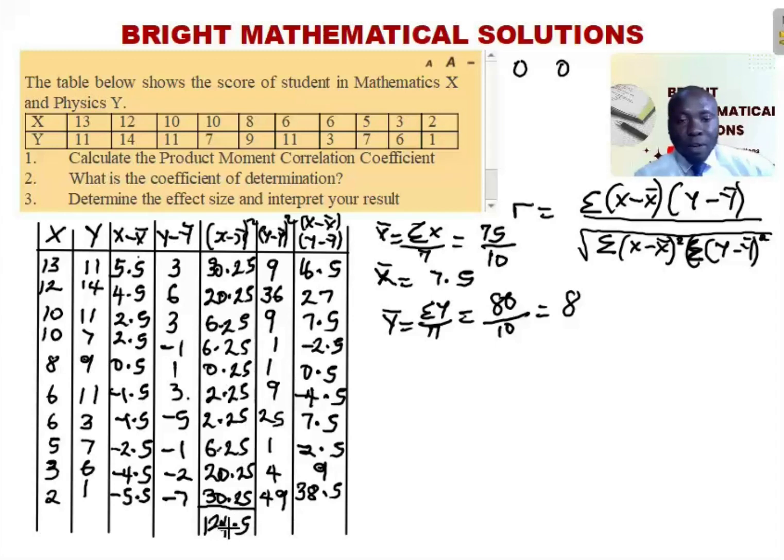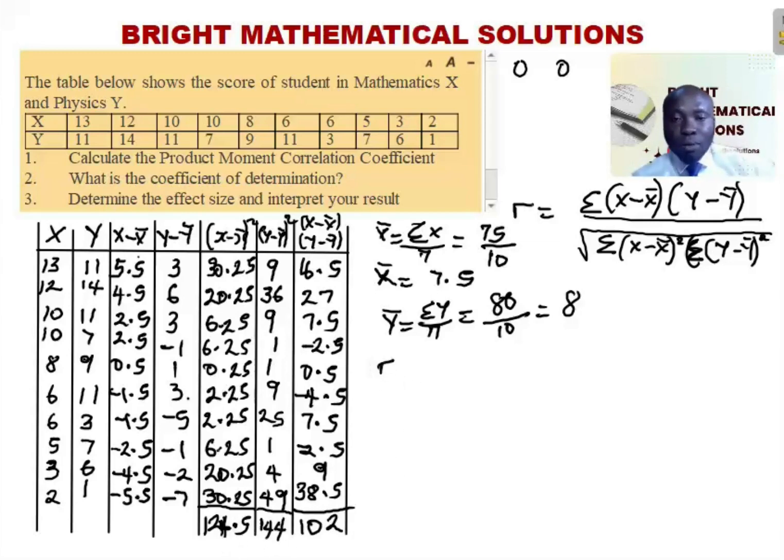Please, you can verify that with your calculator. When I add everything here together, I got 144. When I add everything that I have here together, I got 102.